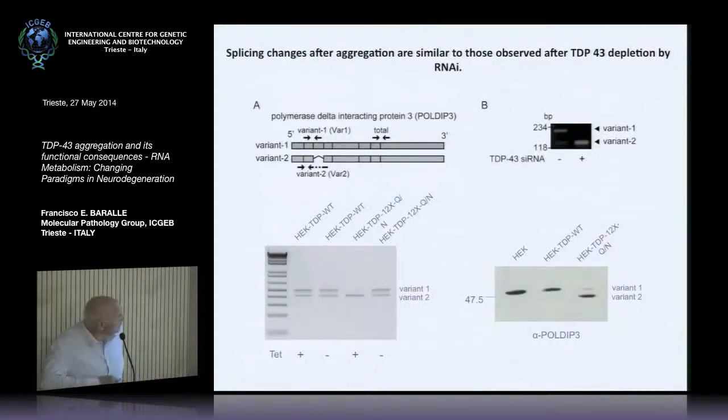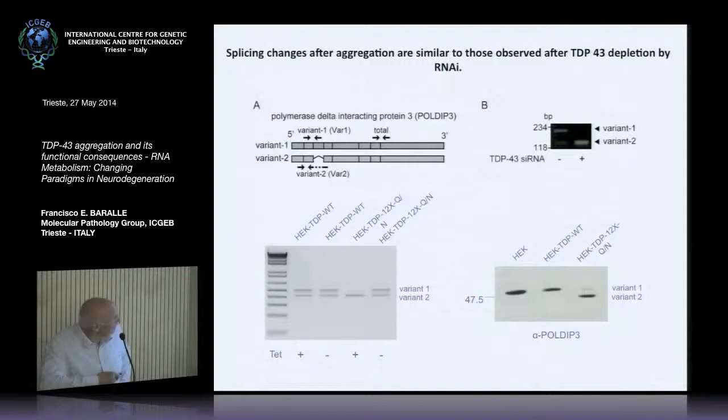This is an endogenous gene, POLDIP3, that is regulated by TDP-43. It is very well known and has been confirmed by several papers from different labs. You can see that the effect of siTDP is to make only, sorry if it is not very visible, this variant, the shorter variant with this splicing done, and this is the longer one.